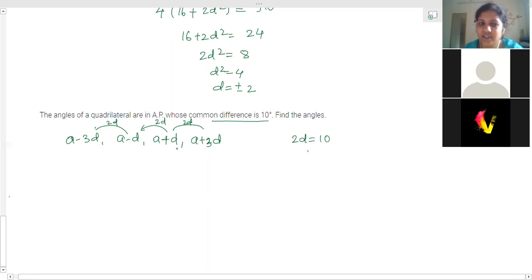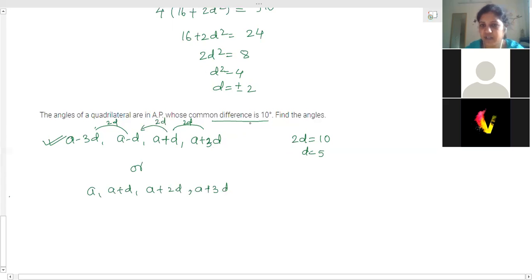So in such a type of question, in this consideration, you have to consider this way. D will be 5 and then use that 5 value everywhere. Or else if there is a confusion, use the normal method: A, A plus D, A plus 2D and A plus 3D, because the difference is D only.